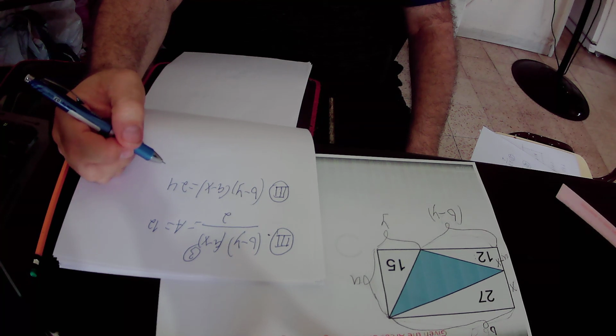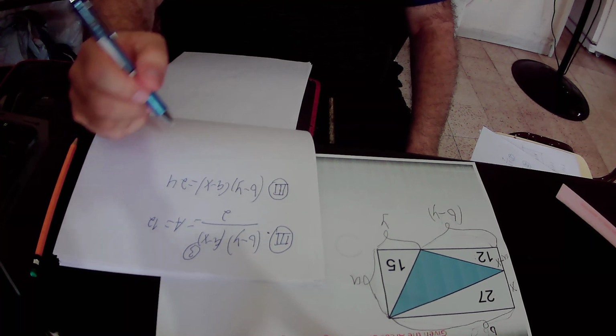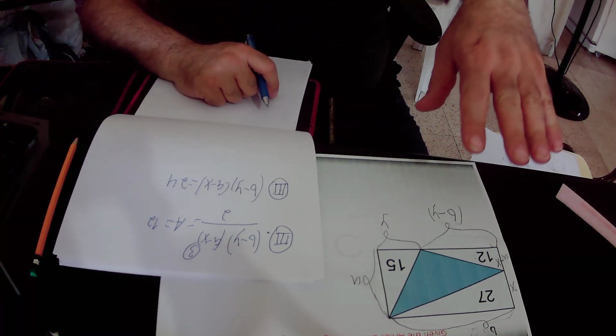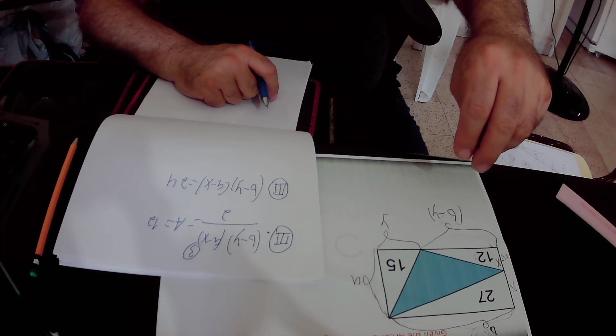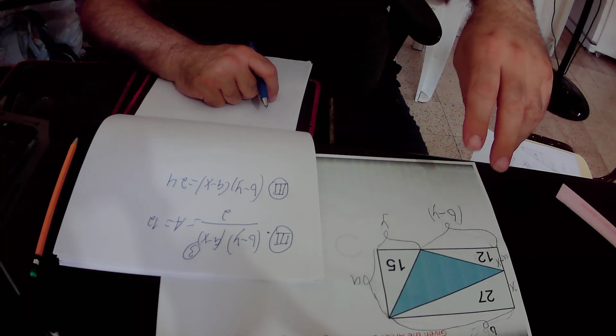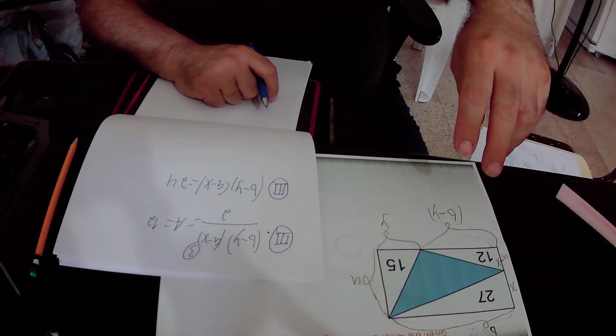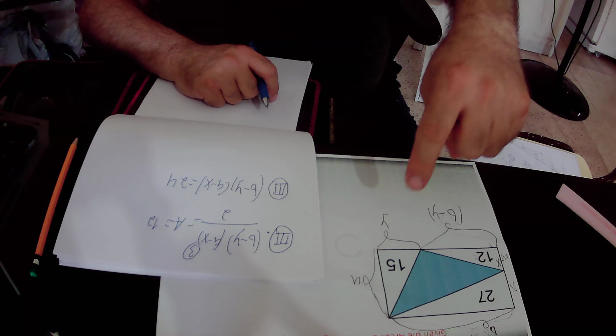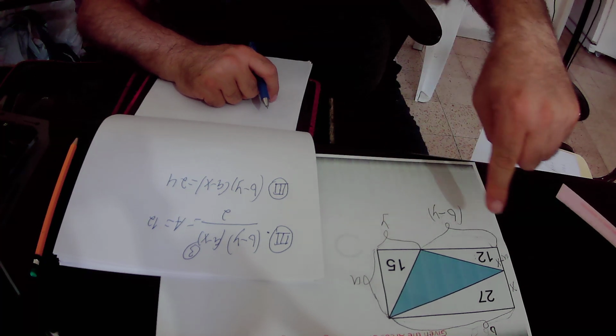Okay, so we created 3 equations that are the formulas to calculate the area of those 3 right triangles.